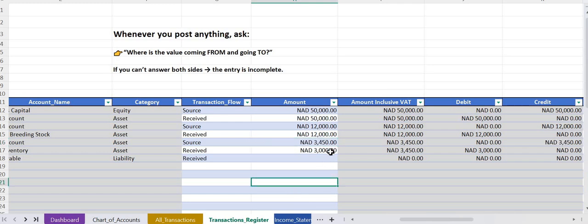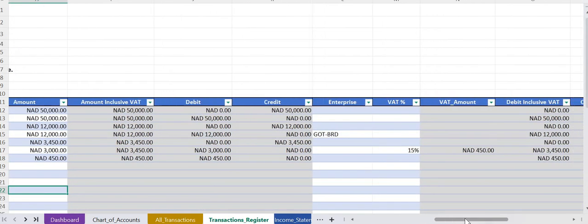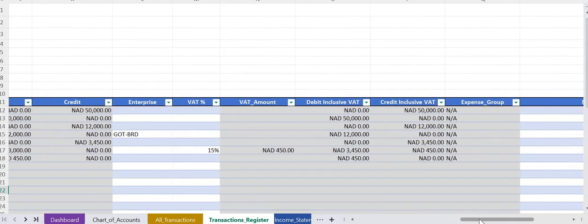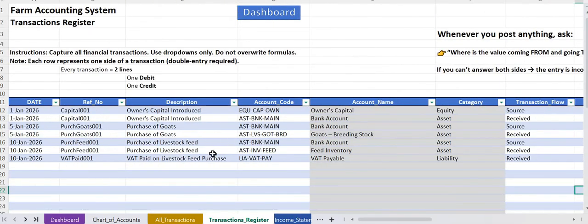That is the money that you pay. 3,000 went to the inventory, and then the 450 is the VAT. All right. So now you have registered the financial aspect of this transaction, and your books are done. That transaction is recorded totally.